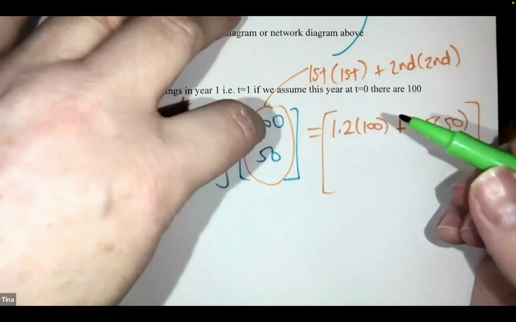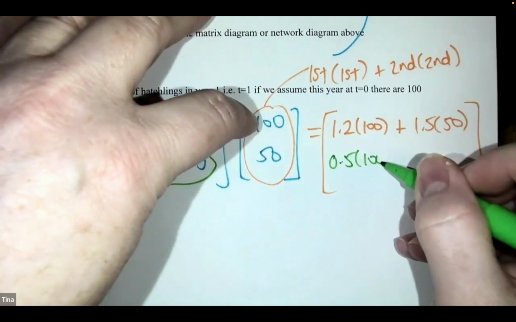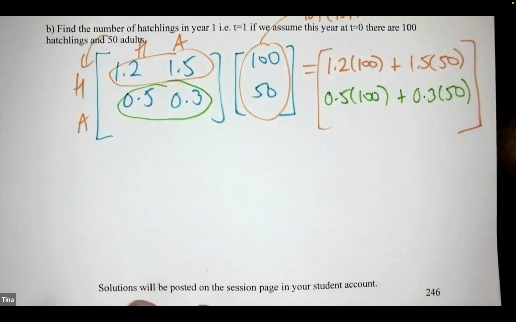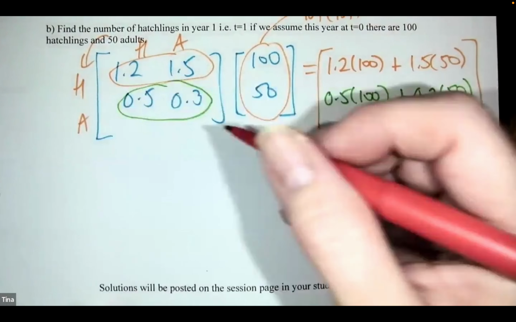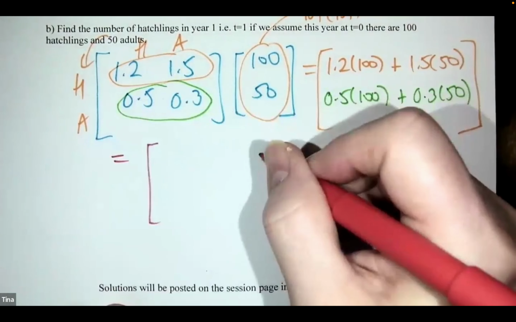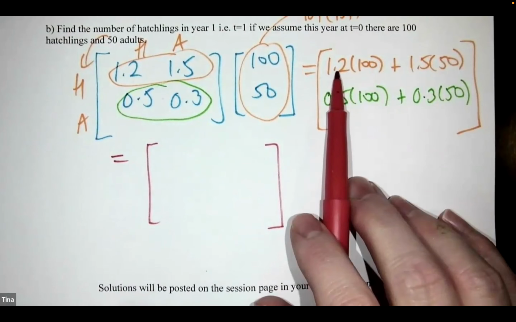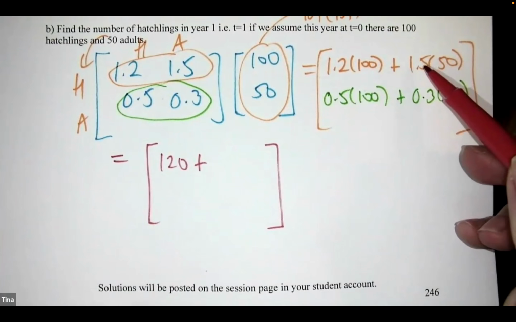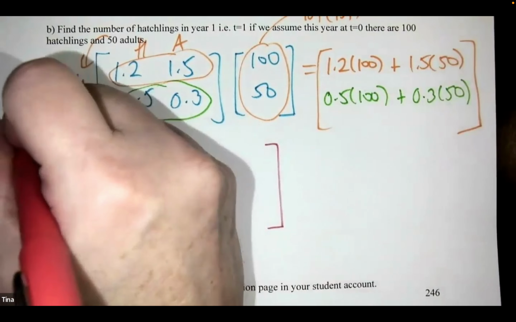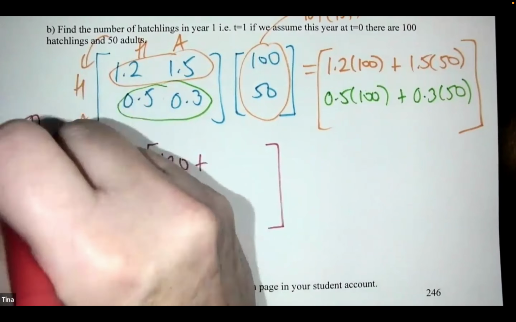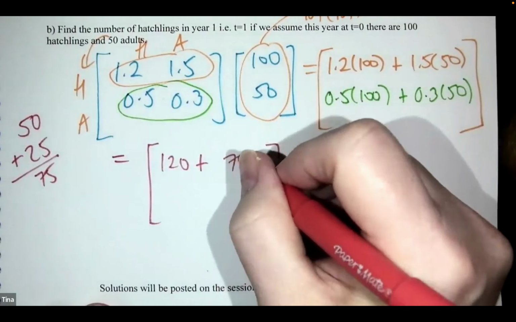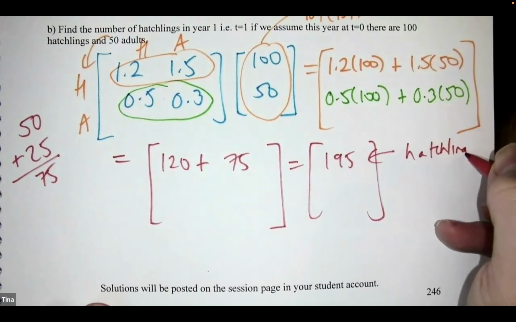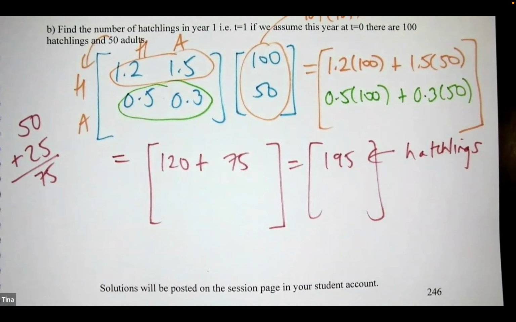So we get first times first, 0.5 times 100 plus 0.3 times 50. Okay, so that means that we've got 1.2 times 100. So move your decimal twice. So that'd be 120 plus 1.5 times 50. So 1 times 50 is 50, and then a half of 50 is 25. So we're really just saying plus 75. So that's 195, and that's how many hatchlings that we would have in the next year, right? In year one.